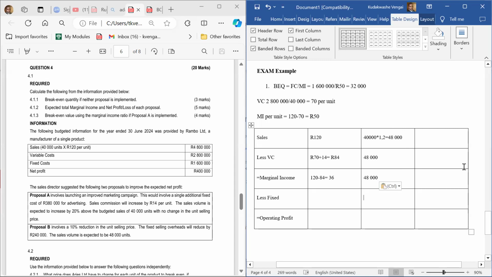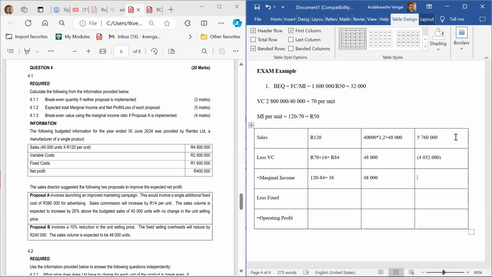Right, so what becomes, calculator, 120 multiplied by 48,000 gives us here 5,760,123. And then 84 multiplied by 48 gives you here 4,032.